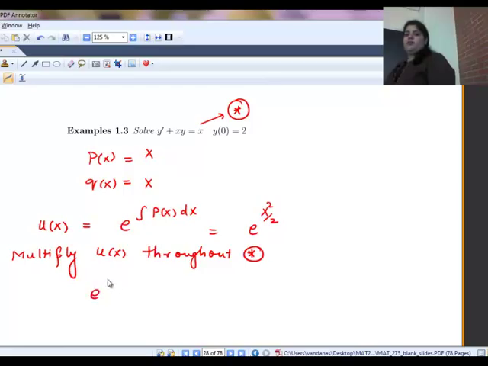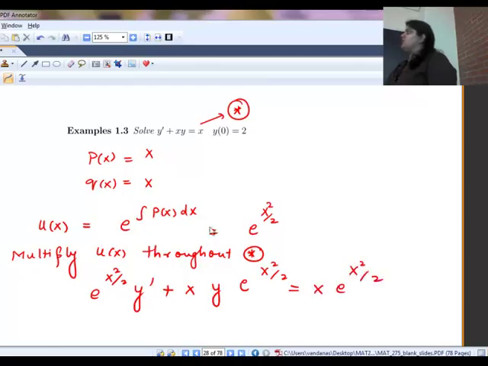So if I multiply it, I will get e to the power x square over 2 y prime plus x y e to the power x square over 2. Then I will have x e to the power x square over 2. So I multiplied with integrating factor throughout. Now what magic is happening here?